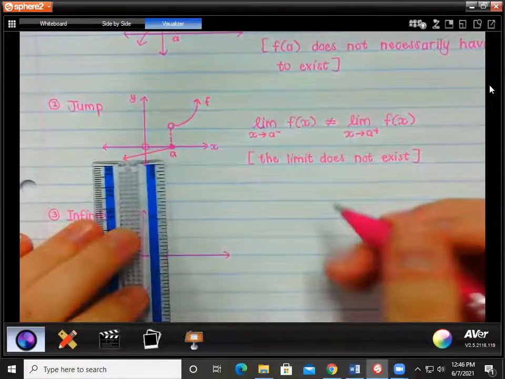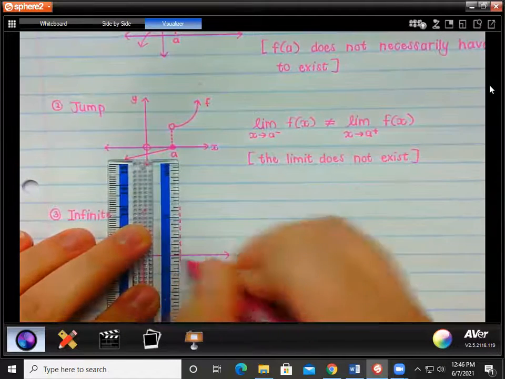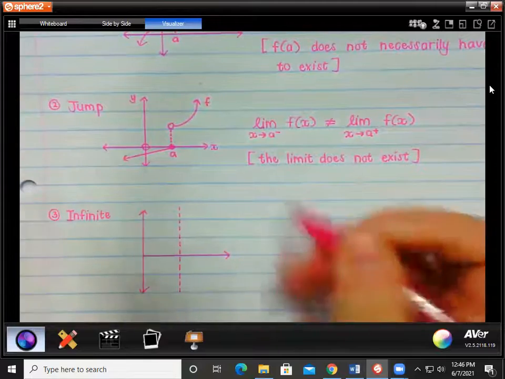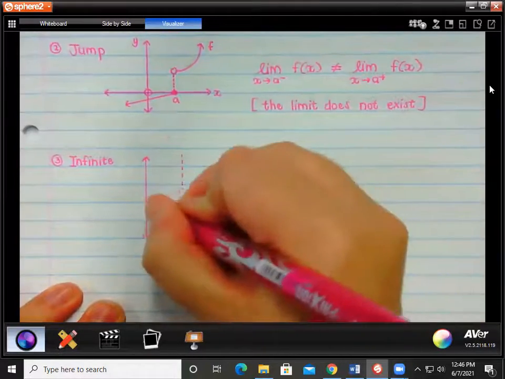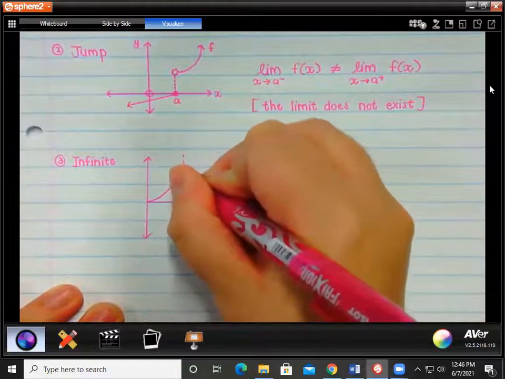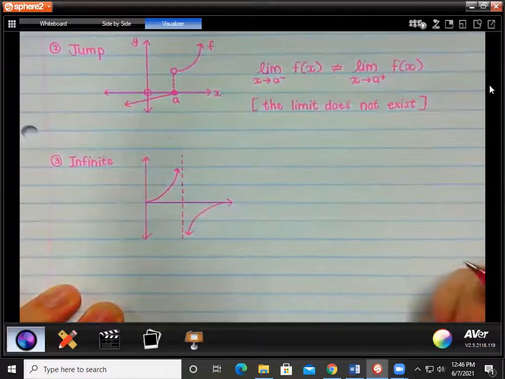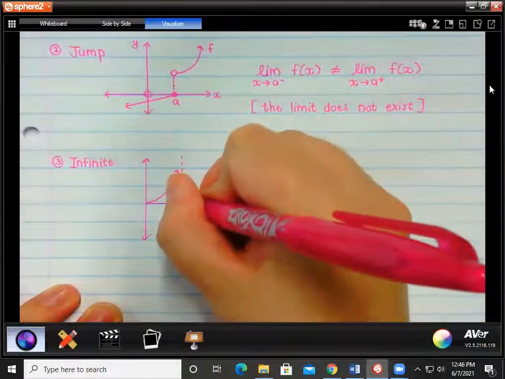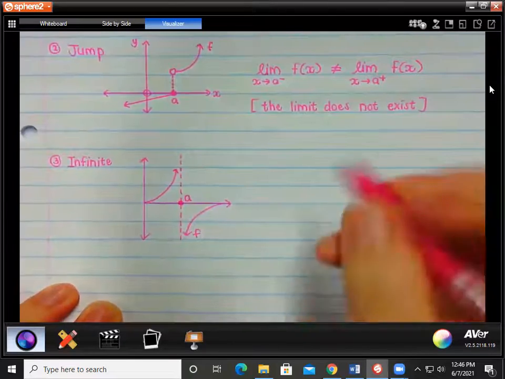Okay, now this obviously doesn't have to be a tan graph, but that's the one that we are most familiar with in terms of having asymptotes. Right, and now that would be a in this case, and I'm just saying that that is f.